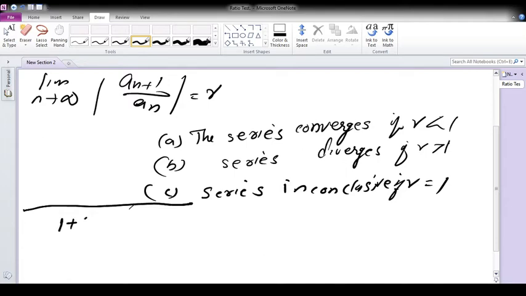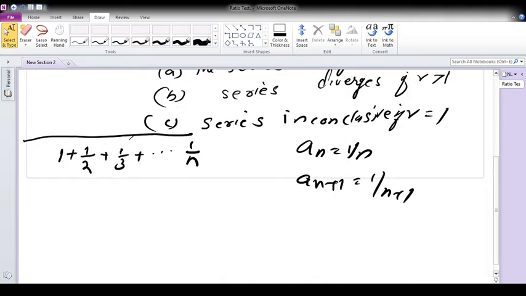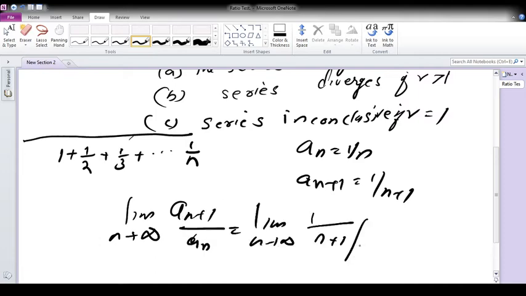Take the series 1 plus 1 by 2 plus 1 by 3 plus etc., 1 by n. This is the series. So a_n is 1 by n, a_(n+1) is 1 by n plus 1. You take the limit of a_(n+1) by a_n, equal to limit of (1 by n plus 1) by (1 by n).